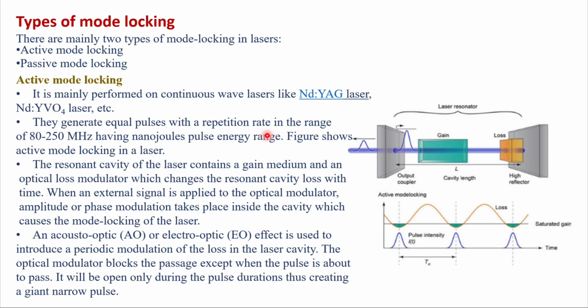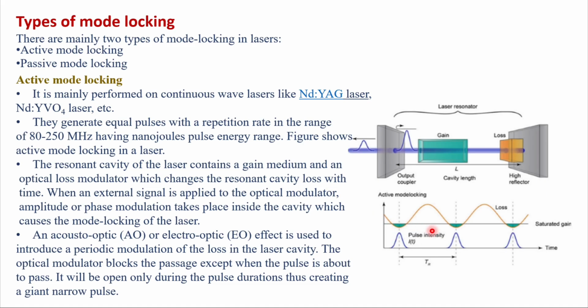Only the cars, that is pulses, that arrive at the right moment get through, creating a stream of equally spaced, regular light pulses. So this is the graph, this is the time, the first one is for the loss, and this one is for the pulse intensity. This orange line represents the loss modulation inside the laser cavity.